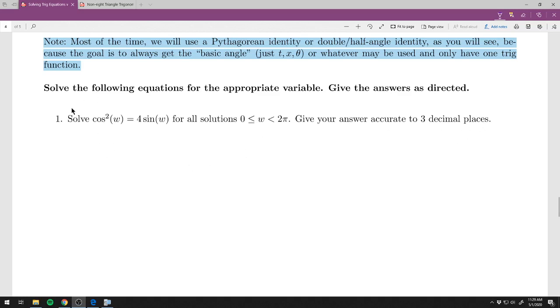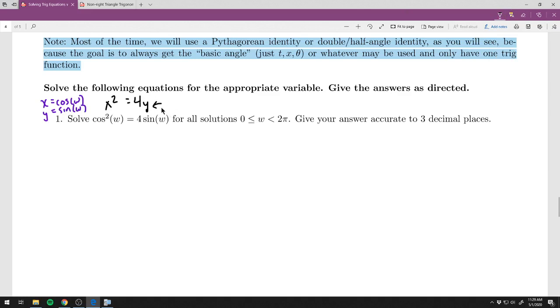All right. If you use the idea before with x being cosine of, this time, w and y being sine of w, it becomes really clear, hopefully, why we have to do this one a little bit differently, because we'd have x squared equals 4y.